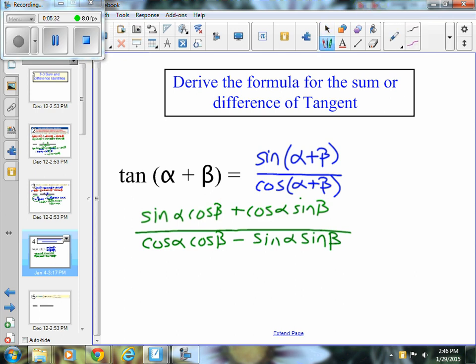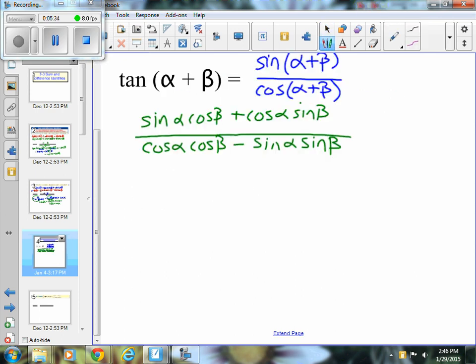All right, now this is kind of a mess. It has a lot to it. What I'm going to do is make this a little bit easier, and I'm going to go ahead and divide every single term in this entire expression by cosine alpha, cosine beta. What I'm hoping to do is make tangents out of these. So if it's a tangent formula, it'd be nice if I use tangent in the equation for it. So to get a ratio that has tangent, I need cosines on the bottom.